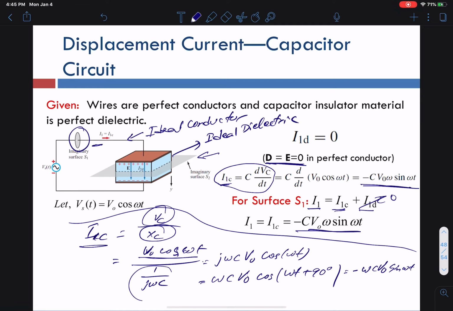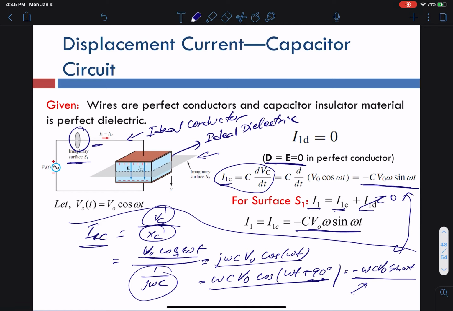J is basically 90 degrees, so you can take the J out and put 90 degrees back. If you do the trigonometry, it becomes this equation, so you can get the answer both ways. The conduction current through surface S1 is negative omega C V0 sine omega t.